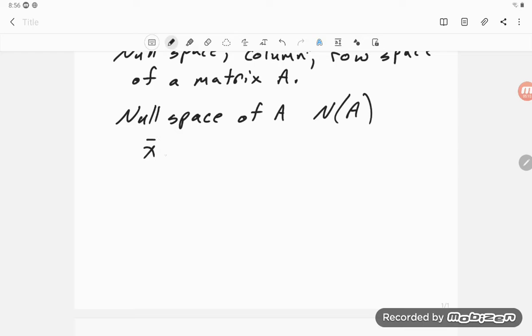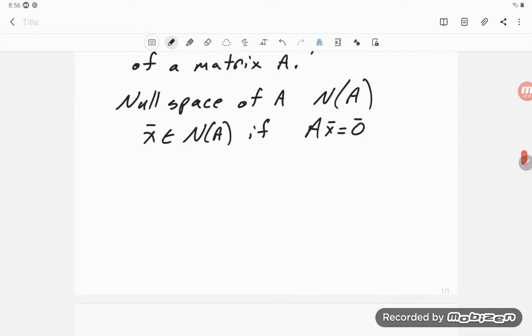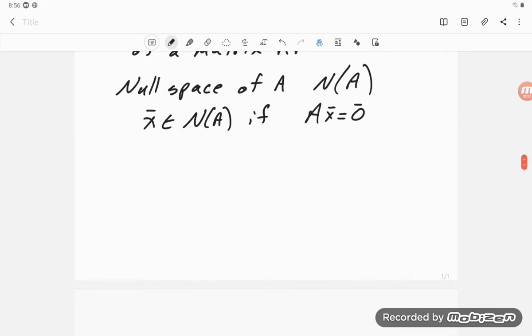The null space of A: X is an element of the null space of A if A times X gives you the 0 vector. Pretty straightforward. So is this really a subspace? Well, one, we check if 0 is in there.